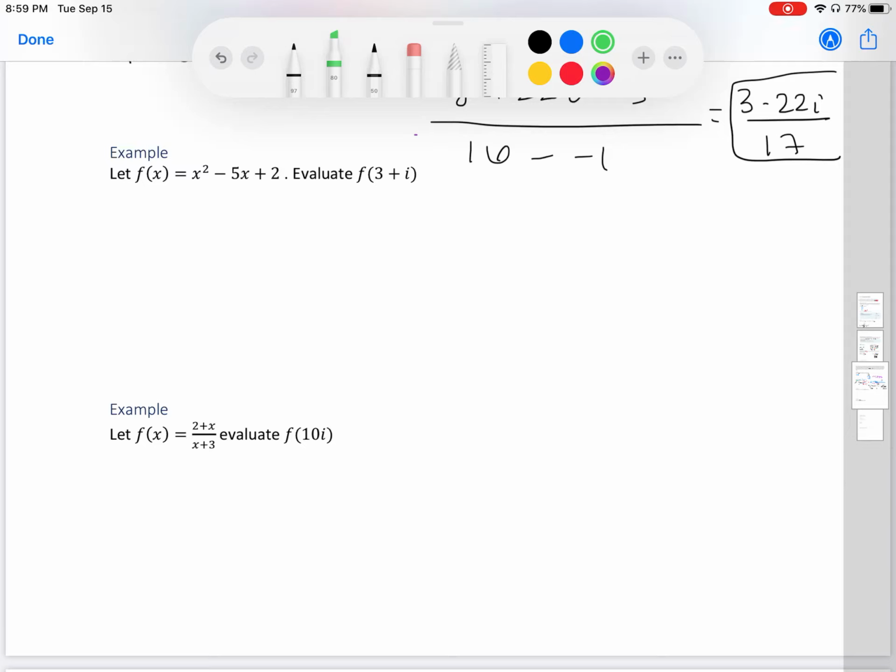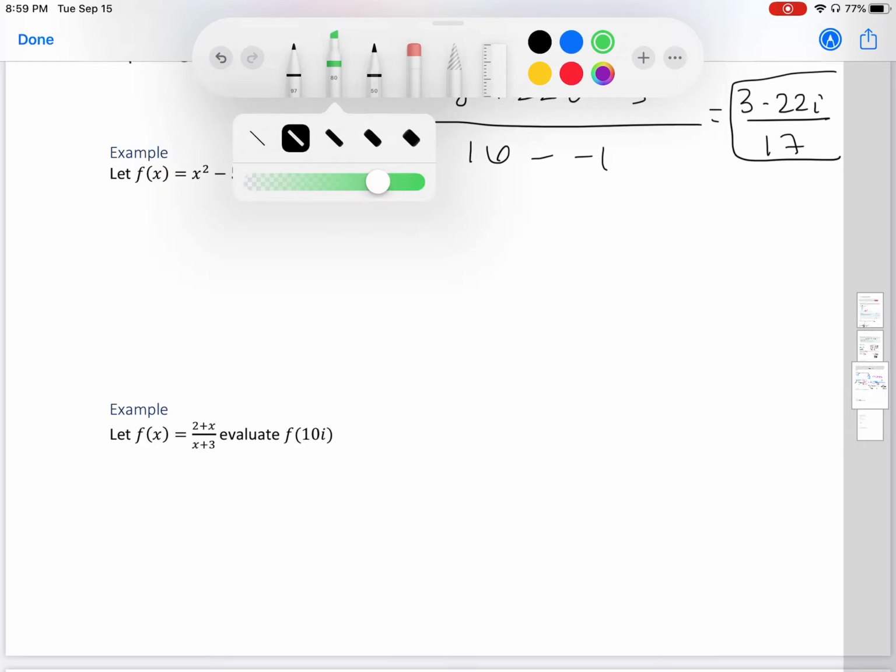Next example, just like with a function, we can also evaluate. We can go ahead and plug in a value into x. So this example reads, let f of x equal x squared minus 5x plus 2. Evaluate f of 3 plus i.